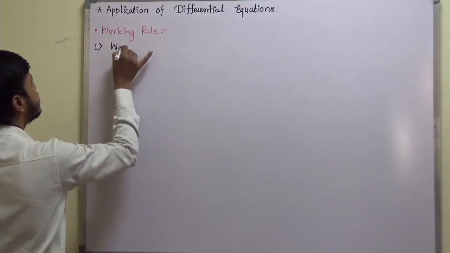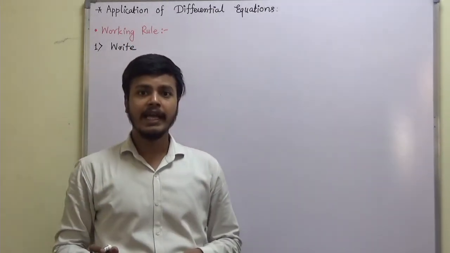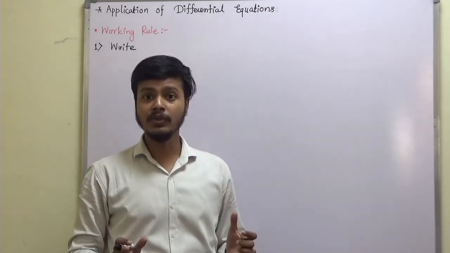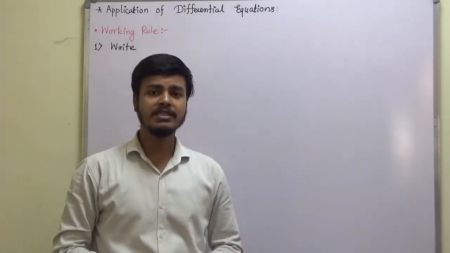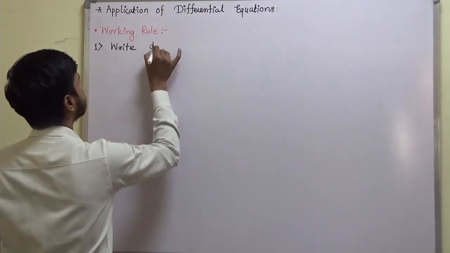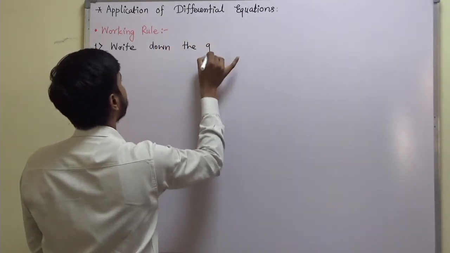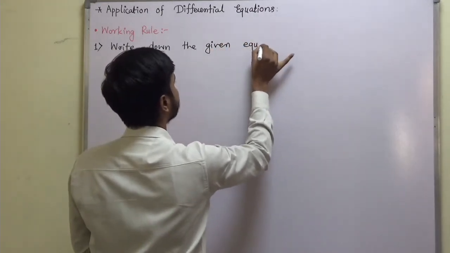Whatever equation is given to you, you have to write down, and sometimes if the equation is not given to you, then you have to form the equation. But most of the time the equation will be given to you. So first of all, write down the given equation.